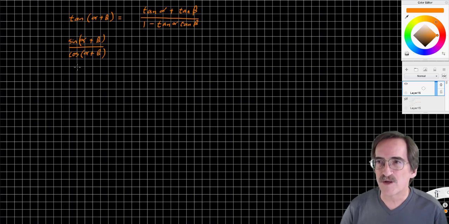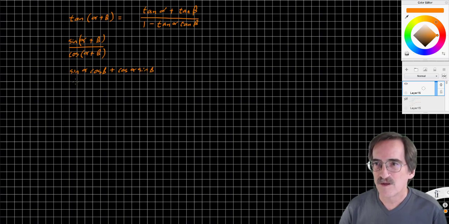And also recognizing by using the sine and cosine addition formulas that this is sine alpha cosine beta plus cosine alpha sine beta, and over cosine alpha cosine beta minus sine alpha sine beta.